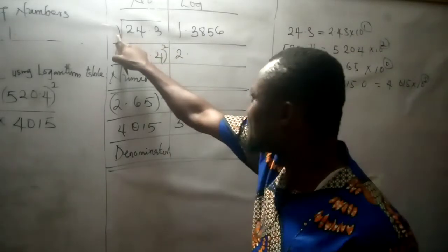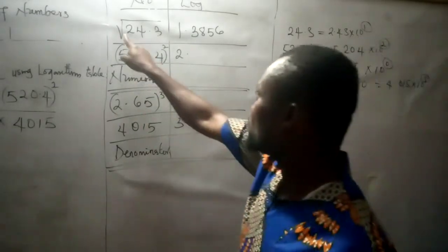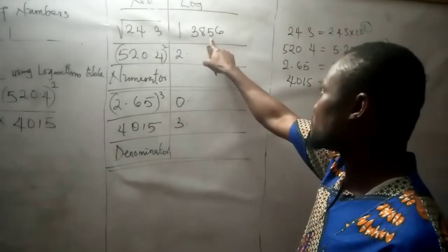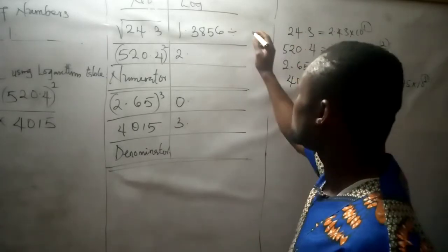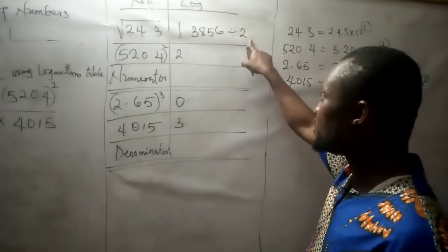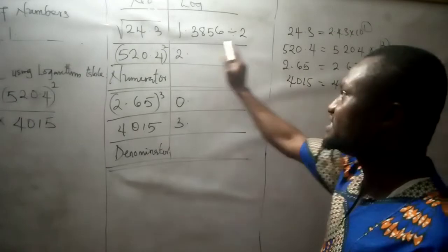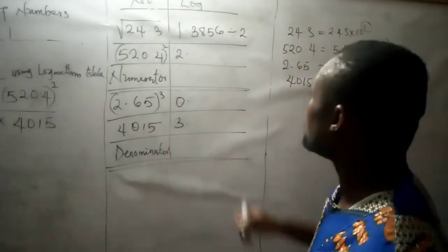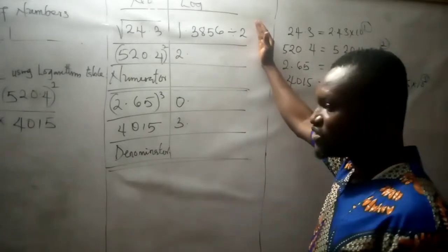But before that, you have square roots. So that square root, that is, we have 2 roots. That 2, we divide this exercise. So you now divide whatever thing you obtain by 2. That's the meaning of this square root. You divide by 2 for square root. If you have cube root, you divide by 3. If you have fourth root, you divide by 4. So if we divide this now, whatever thing we obtained becomes the logarithm itself.